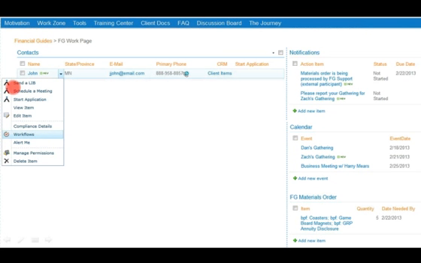We've heavily customized the user interface here to place common actions against their contacts. This is essentially a mini customer relationship management system that would be present here.